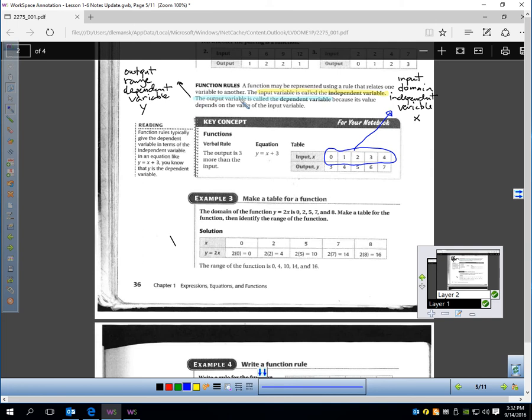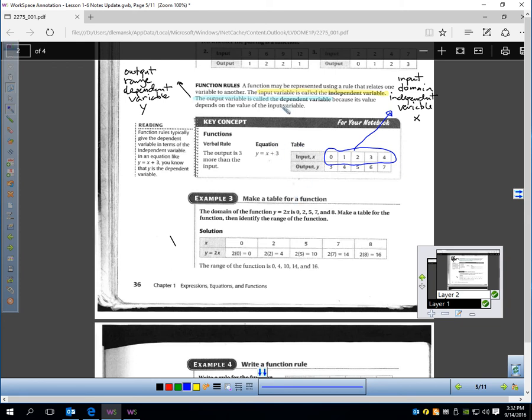The output variable is called the dependent variable because its value depends on the value of the input. In other words, when you look at this equation, y equals x plus 3, if I input a 0, 0 plus 3 gives me an output of 3. To get 3 as an output depends on me putting 0 as the input.